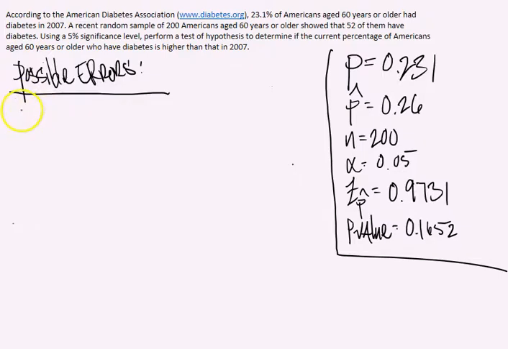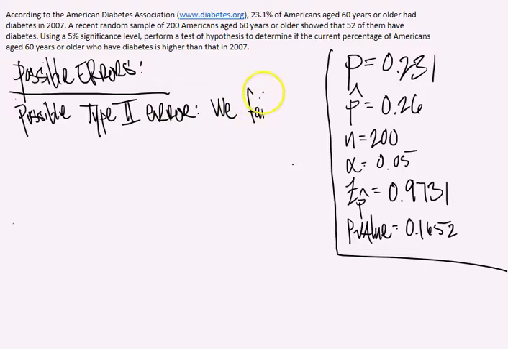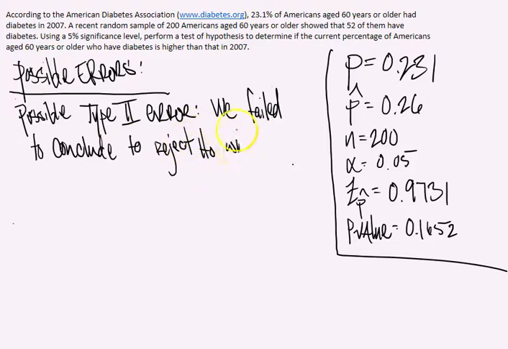Okay, so this happens to be a possible type 2 error, which is that we failed to reject the null hypothesis when the null hypothesis was actually false.